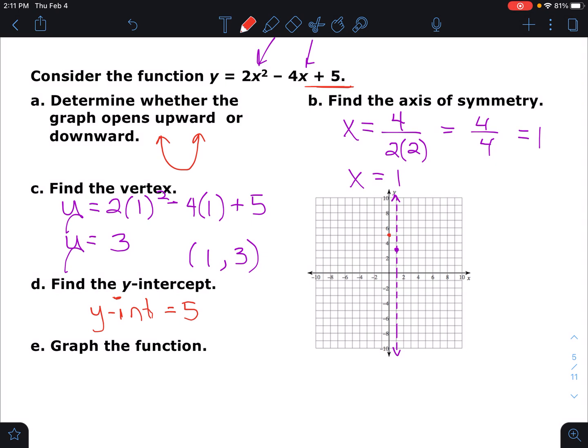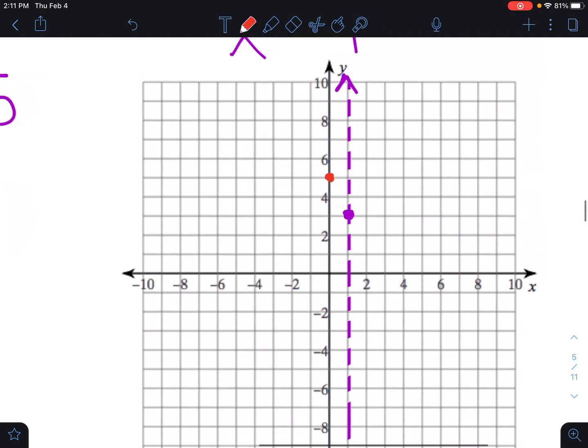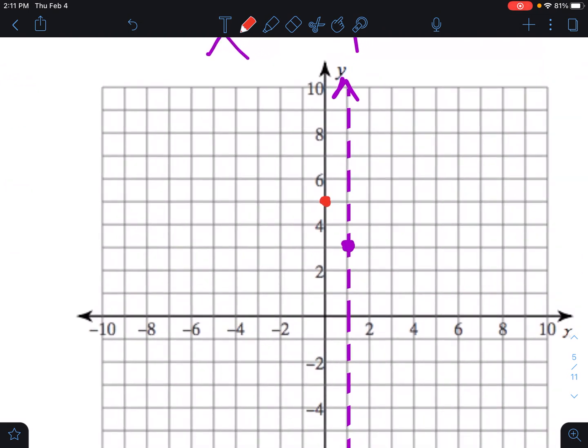Okay, now we're going to graph this. The last thing I have to do here, because this is the axis of symmetry, is remember this point right here, that red point, is going to get reflected or flipped across this purple line. So it's going to flip across and give me another point right here, 1 unit away from there. So it's symmetrical.